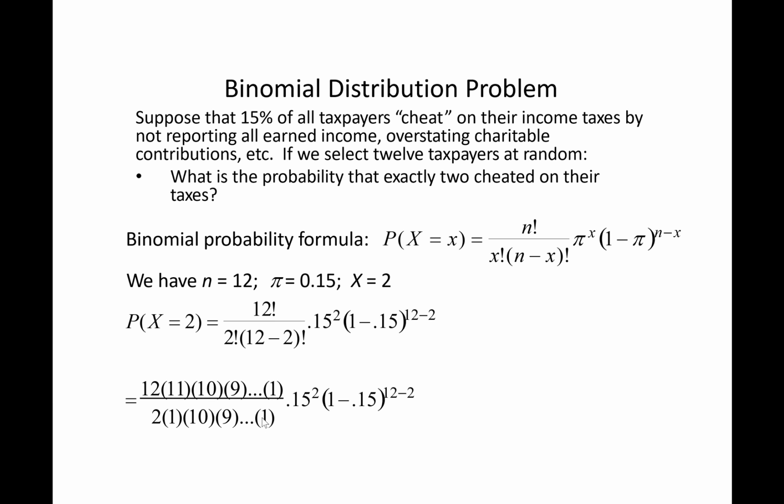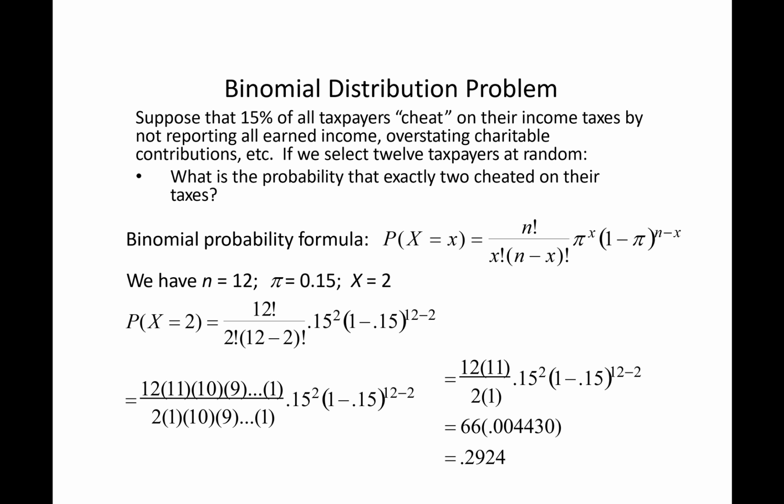And then we have 10 factorial in the numerator and 10 factorial in the denominator. That actually makes it nice because those are going to cancel out and you don't have to push the buttons on your calculator as much. And so that leaves us with 12 times 11 divided by 2 times 1. And then we have pi raised to the second power and 1 minus pi to the 10th power.